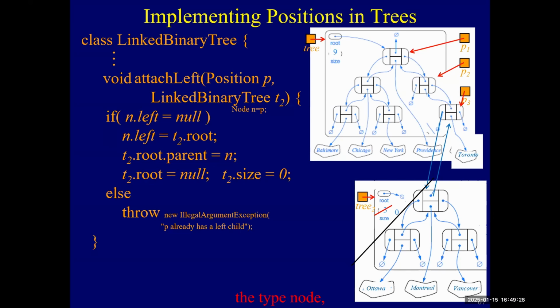And if it's of type node, I can do .parent. So that allows me to do T2.root.parent. Does that make sense? Yeah? Is the node not pointing to the entire tree, or is it pointing to the root of the other tree?